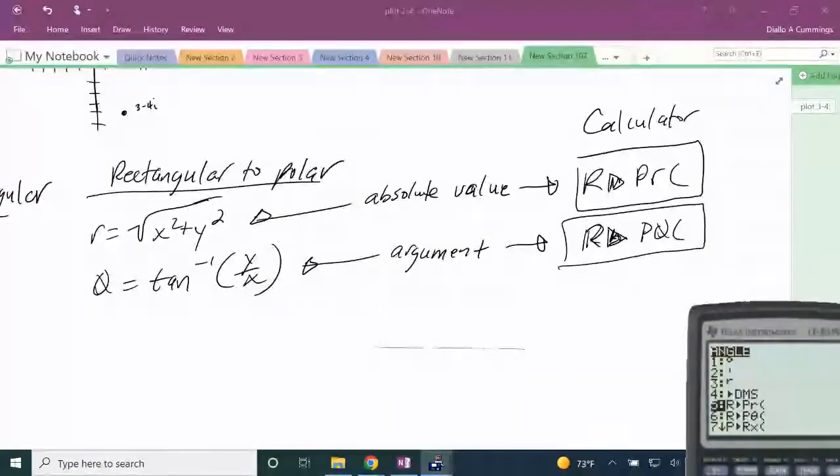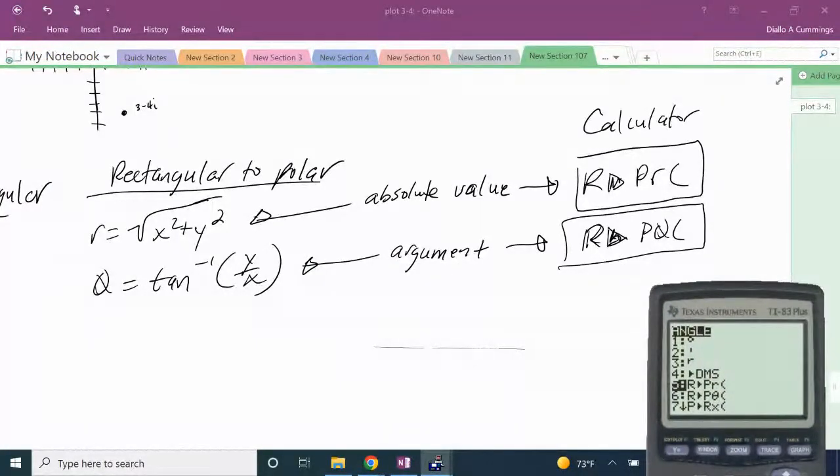Before we go any further, we're just going to use the formulas to find r, the absolute value.